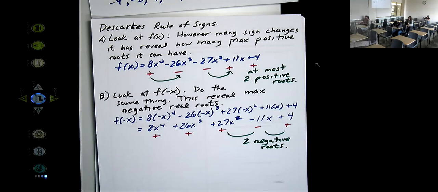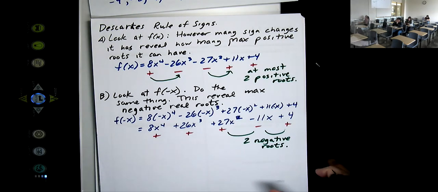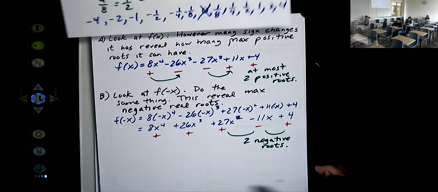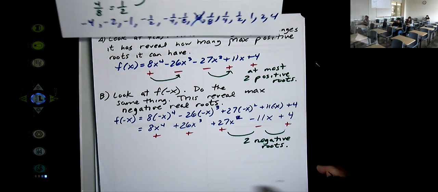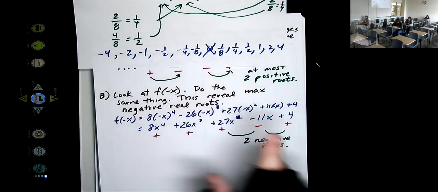Sometimes there's like 1 negative and a lot more positive, and you're like, okay, this gets easier if I just get rid of the negative, or just get rid of the positive. So I have at most 2 real positive roots and 2 real negative roots that are rational.